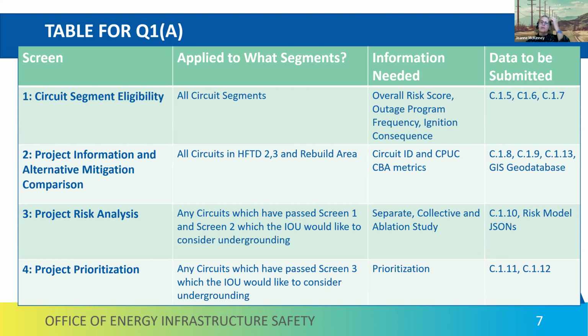It does pass through screen 1, which will limit which ones can go forward, and we'll look at risk. But you don't actually look at risk until screen 3. Your collective ablation and separate studies are all in screen 3, not in screen 1. We look at the risk scores in screen 1.